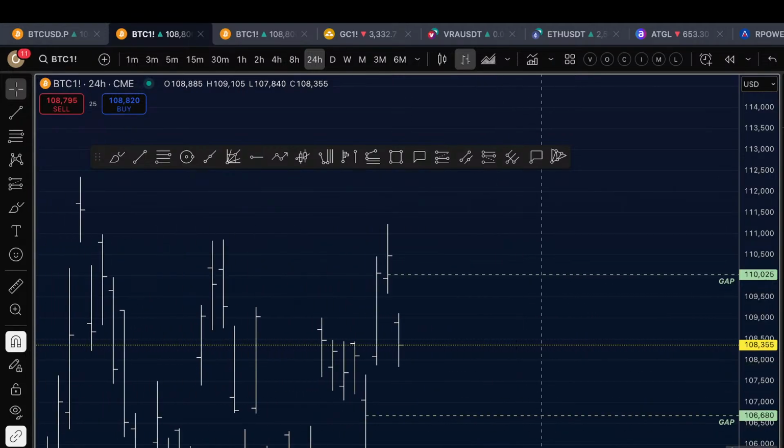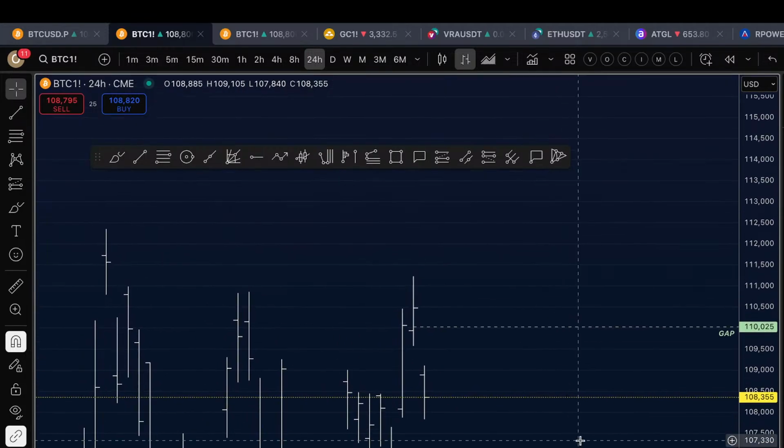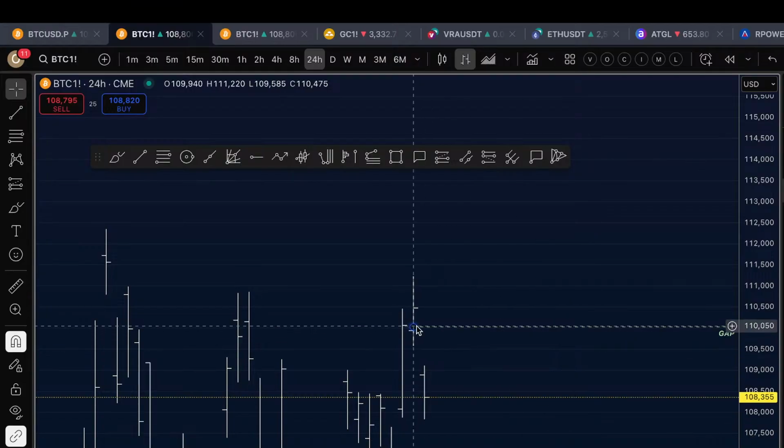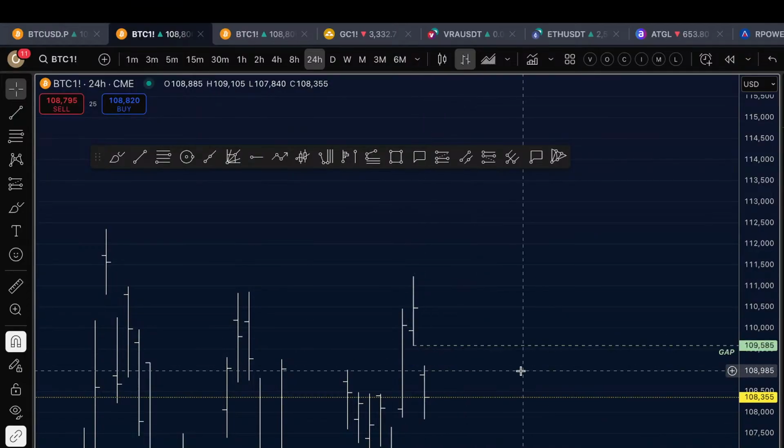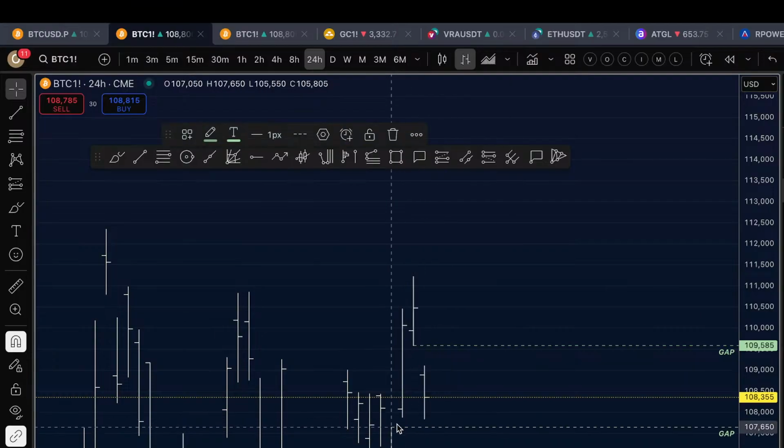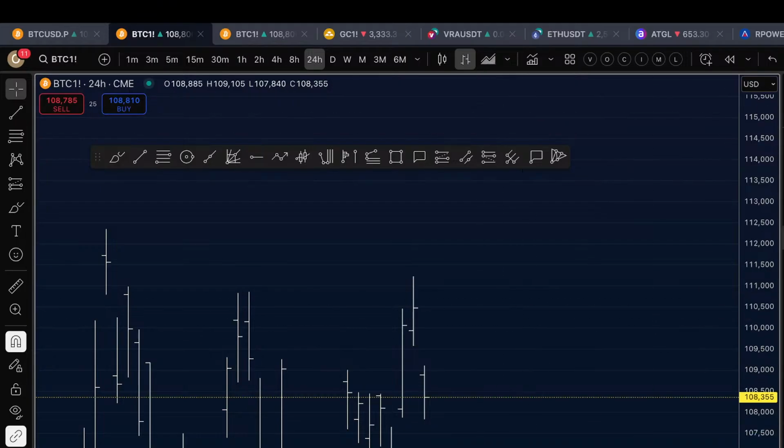Oh wait, I messed up. This is the gap. And we don't have any other gap. We have this gap, but we've not touched it yet. Sorry.